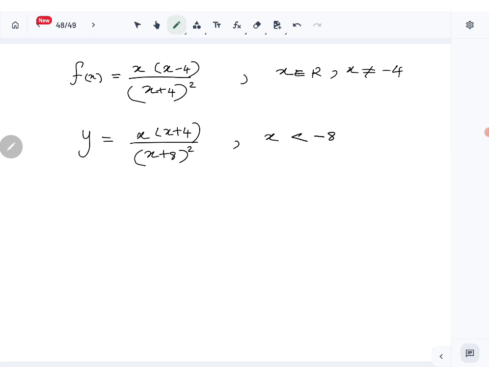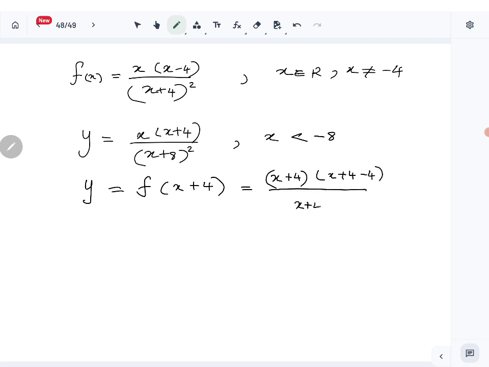Look, you can write this new function using function f. Everything has been shifted to the left by 4. f of x plus 4 is what? Check: (x + 4 - 4) over (x + 4 + 4) squared.